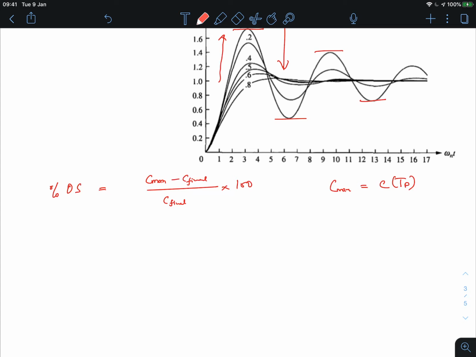And the value we have obtained as C max is equal to C of Tp. After simplifying, you can see that it would be equal to 1 plus e to the power minus xi pi divided by under root 1 minus xi square.